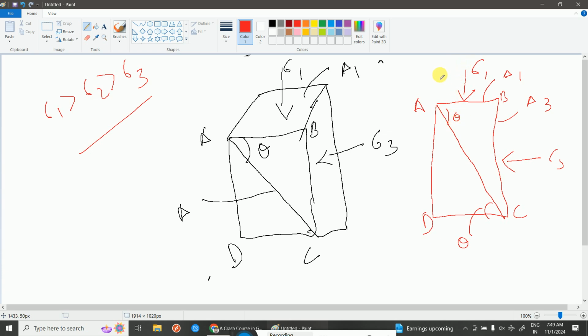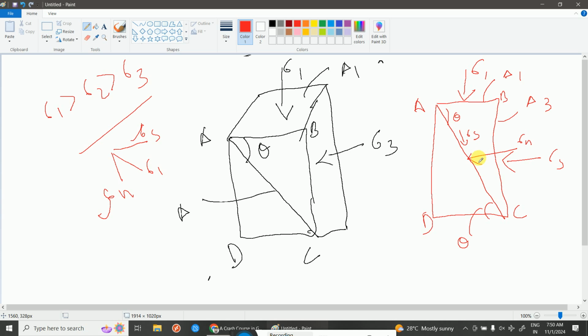Now we will divide this sigma 1 into two components. Resolve this one. This is your sigma 1, this is your sigma s, the shear stress, and this is your sigma n, the normal stress. This is the resolution of the stress.